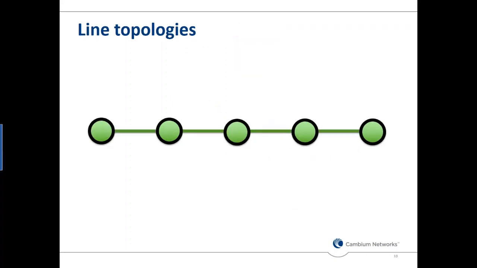So line topology, kind of similar to a bus and kind of similar to a hub and spoke in many ways, if you think of it as a hybrid between those two. An example of this would be a relay network. Let's say you have a wireless network that's operating over a very long distance, and you need multiple radios across the length of that connection to cross that distance.